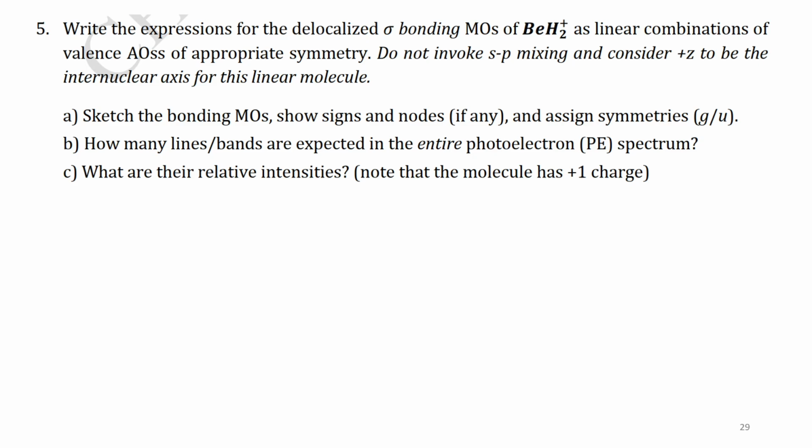Two things are important here: this is not a homonuclear or diatomic molecule. There are 3 atoms which have different energies, heteronuclear. Obviously beryllium is more electronegative than hydrogen, so the energies differ, and the 1s orbital is deeply buried.